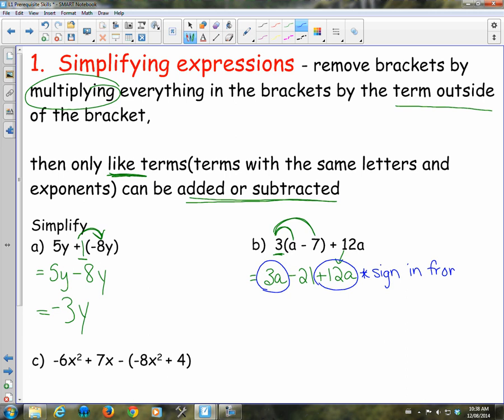So the sign in front tells us whether we're adding or subtracting. So in this case, because it's a plus sign in front of the 12, I'm going to add. So I have 3 a's plus 12 more a's means I have 15 a's altogether. And don't forget, the one that didn't have an a still has to be written down.